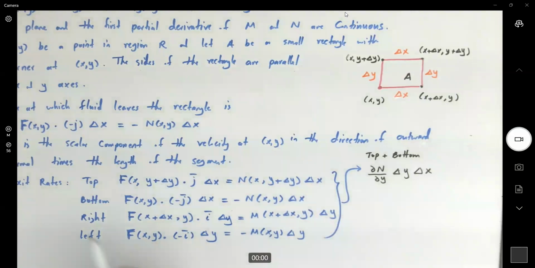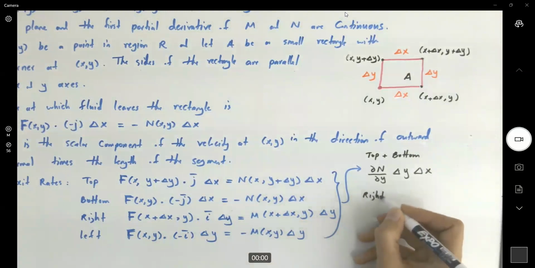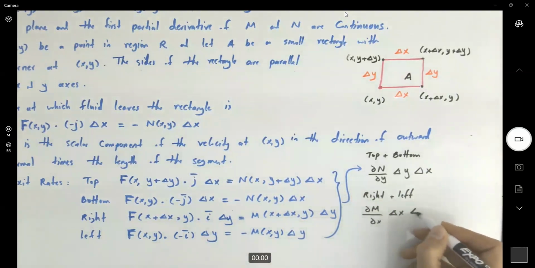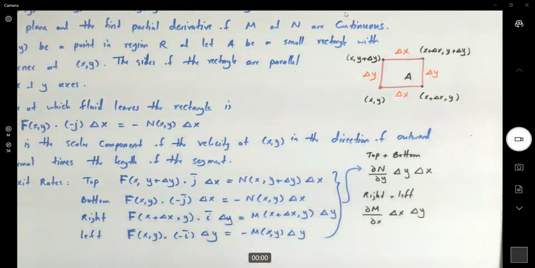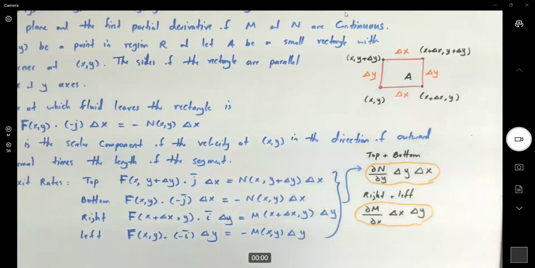And finally, if you combine left and right, you're going to have the partial derivative of m with respect to x, delta y. So if you take these two and add them together, you're going to have the flux across the rectangle boundary.